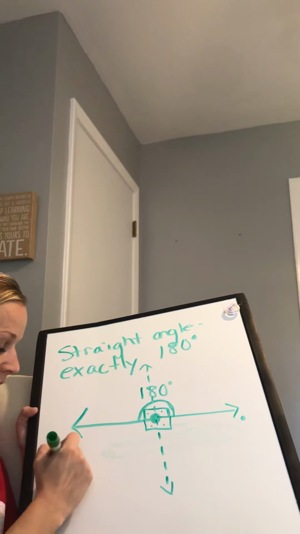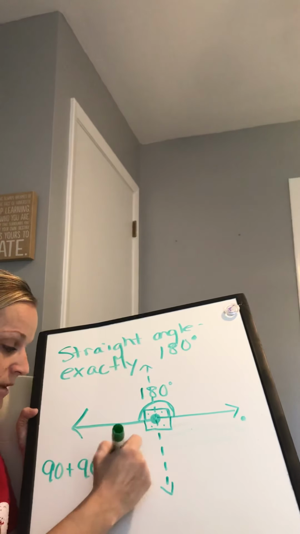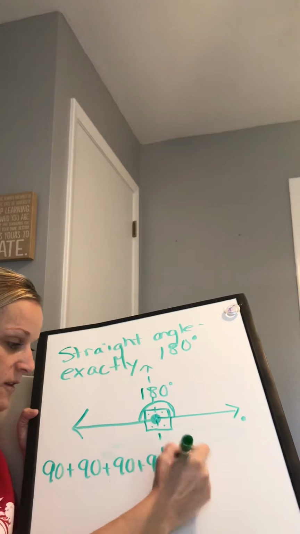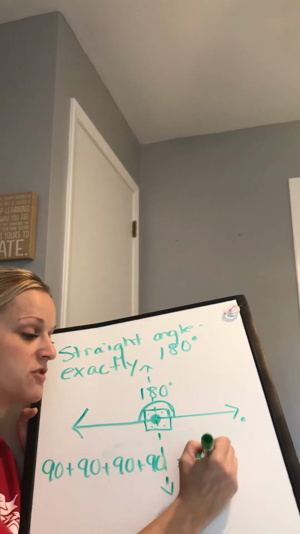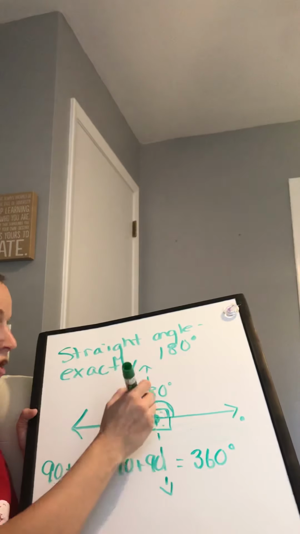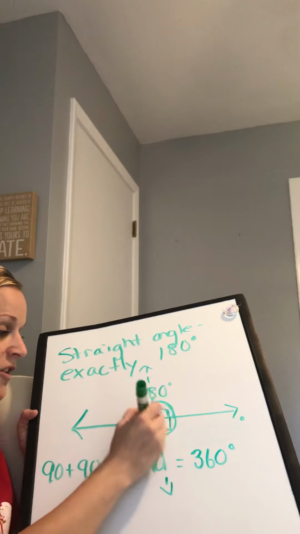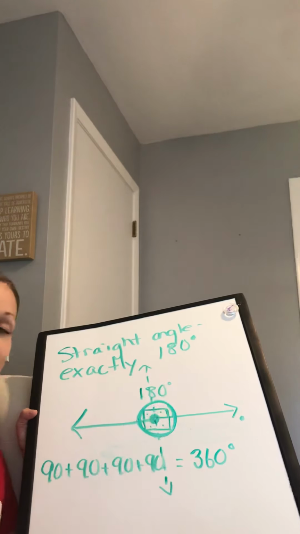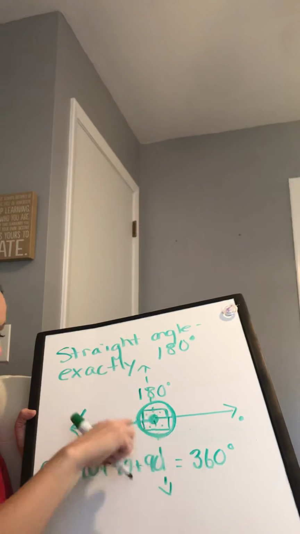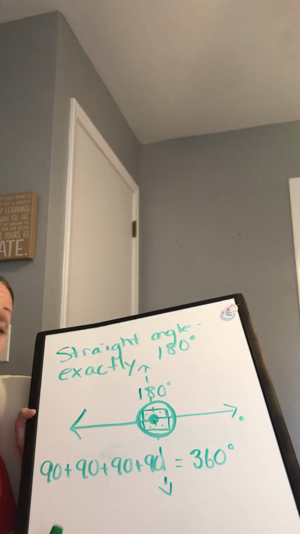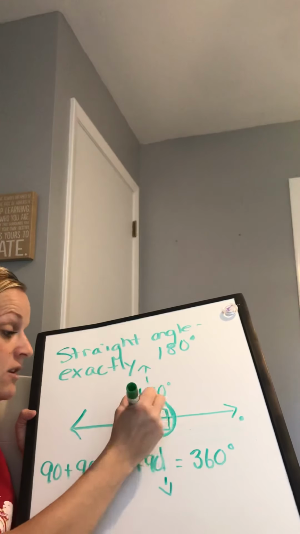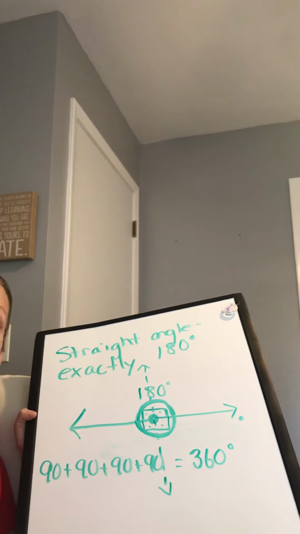If I added all my right angles up, guess how many degrees I get? 360 degrees, which makes a full circle. A circle is 360 degrees, which is 1, 2, 3, 4 right angles, or 2 180-degree angles.